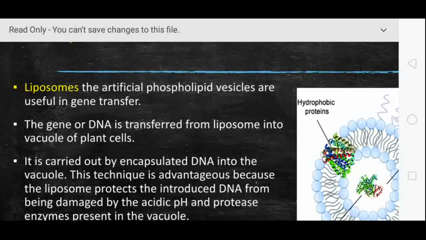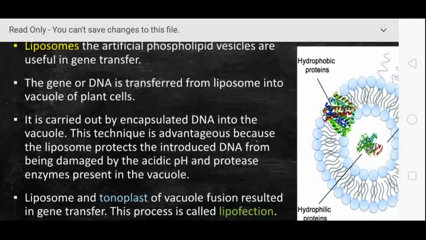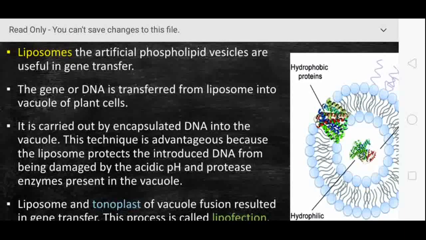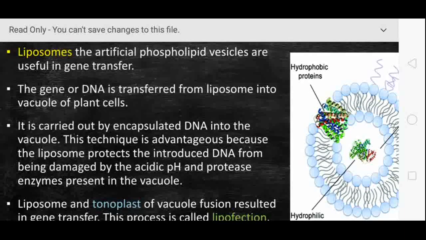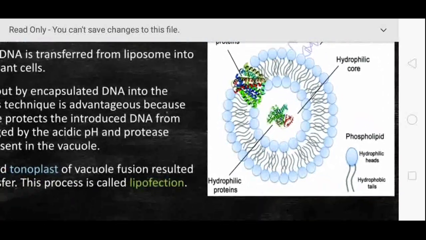Similarly, we create one lipid bilayer in an artificial manner, which is used for gene transfer. This gene transfer method is mainly applicable in the plant cell. After creating the phospholipid membrane, our gene of interest or DNA is transferred from the liposome into the plant vacuole region. So after the insertion of the liposome, it directly enters into the vacuoles.